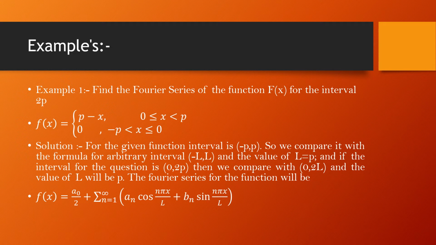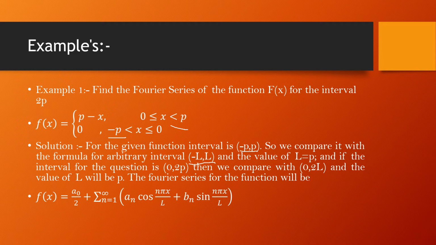Now let's take an example for the Fourier series of the function f(x) for the arbitrary interval of 2p. The lower limit is minus p and the upper limit is plus p. By comparing this minus p to plus p with the limit of minus L to plus L, we get the value of L as p.